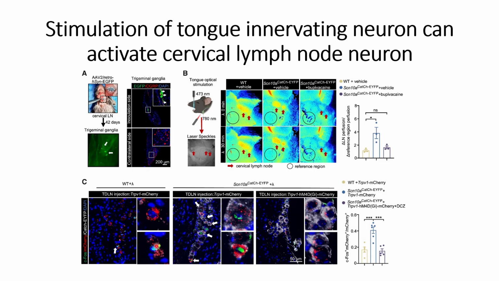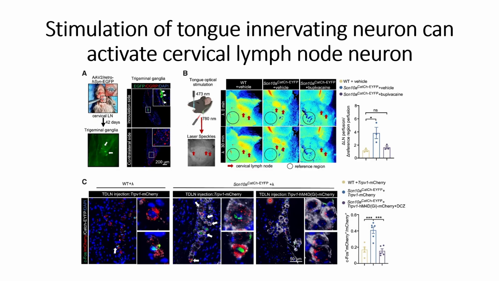So in the wild type there is a baseline signal, and in the control, the wild type, they do not use the tongue with Scn10a CatCh-EYFP. In the case where they transduce the tongue with Scn10a CatCh-EYFP, they are able to see enhanced FOS induction, which can be seen as high fluorescence.